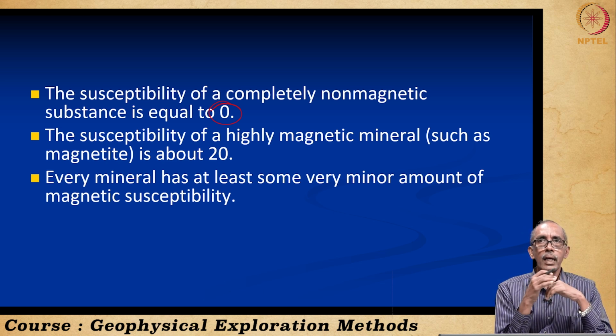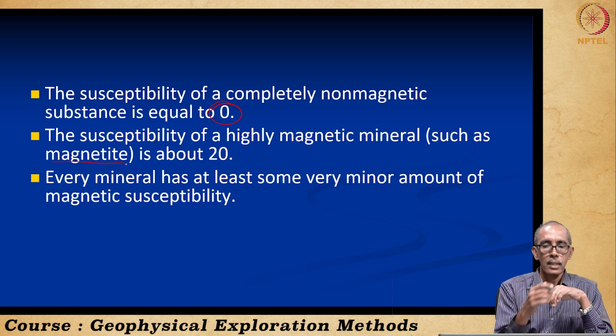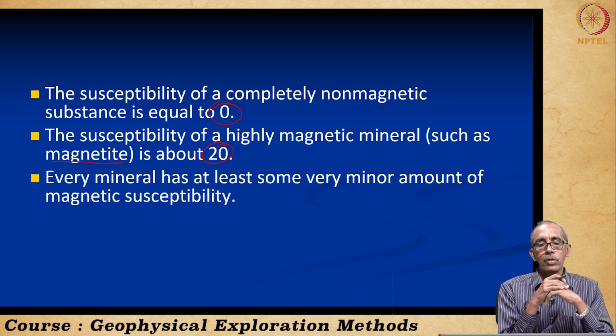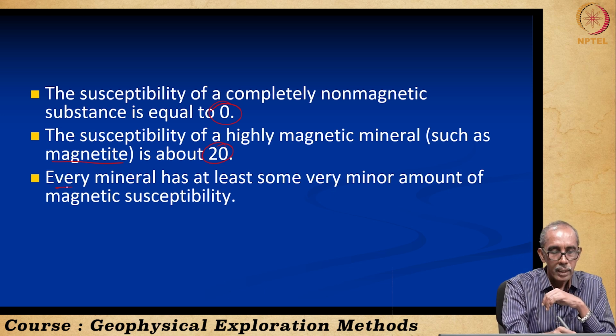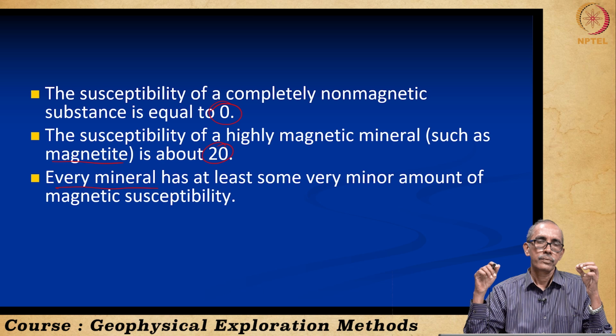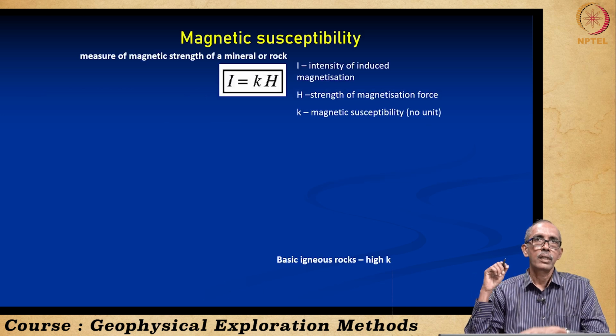Susceptibility for a highly magnetic mineral such as magnetite is about 20. So, the value of susceptibility will vary between 0 and 20, but as I told you, every mineral has at least some minor amount of magnetic susceptibility. Why? Because any mineral may have a little bit of magnetite, or iron, cobalt or nickel, due to which they have some magnetic susceptibility.